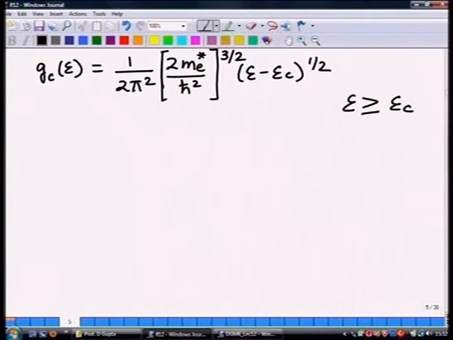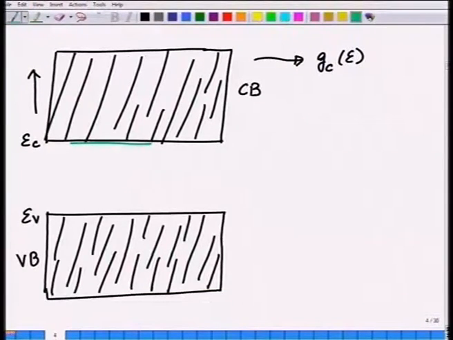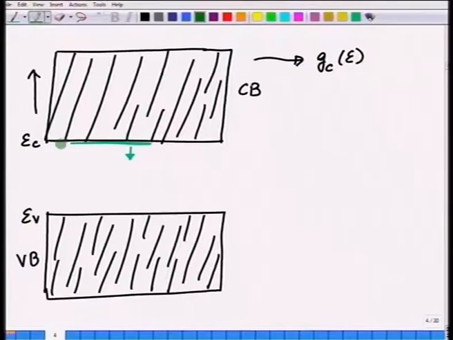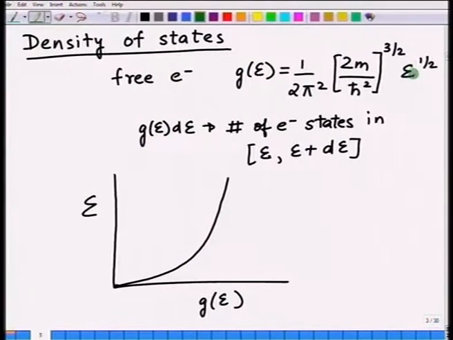Why? Because below EC there is no conduction band, there is no allowed state. So therefore, I must think of all energies above that, since the band just starts here, so there is 0 density of state just at EC. Just like the 0 in the earlier expression was at E equal to 0, where the density of state was 0.